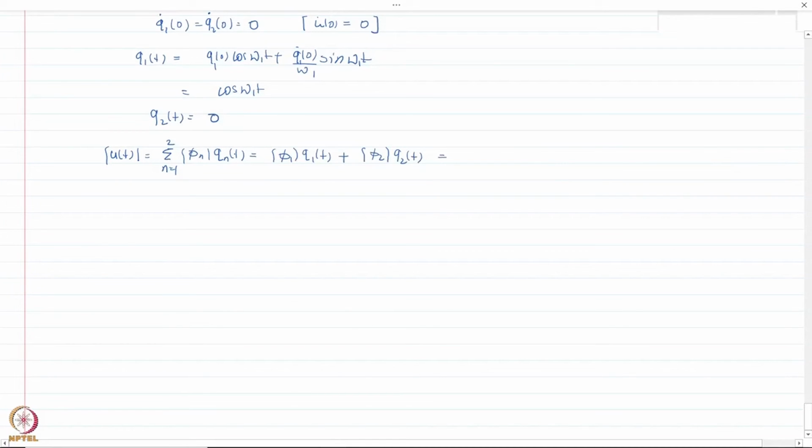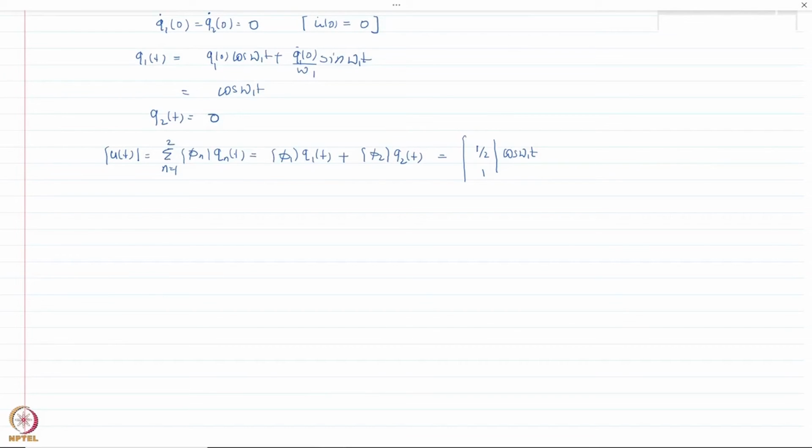So I get half and 1 times cos omega 1 t. This is the response that I get for each degree of freedom, or combined, u of t as 1 by 2 and 1 times cos omega 1 t. So this was the first part.